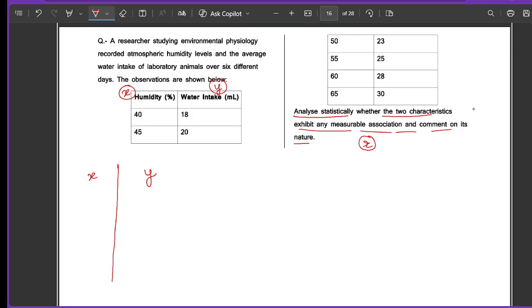First we'll note down the values of x and y. Suppose the values of x are 40, 45, 50, 55, 60, 65, and the values of y are 18, 20, 23, 25, 28, and 30. So these you have noted.